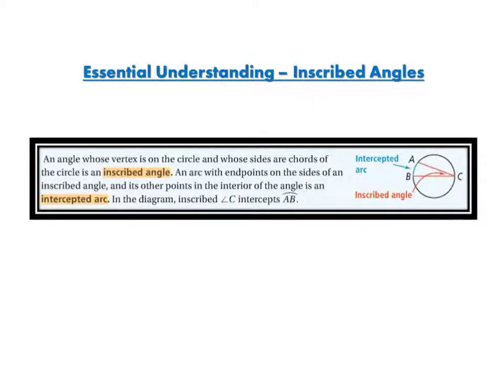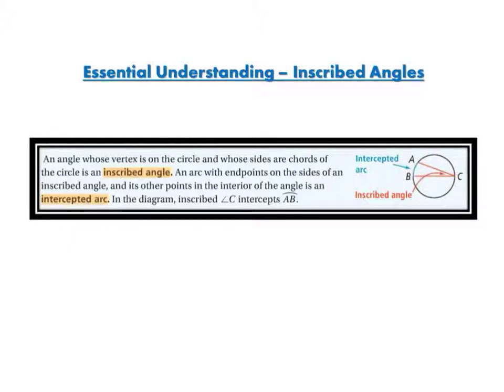Okay, an inscribed angle is an angle whose vertex, or pointed end, is on the side of the circle, and whose sides, or chords, are inside the circle. So if you see this angle, it starts here at A, the vertex is at point C, and the other chord or segment is here and ends at B. So there is this angle ACB.